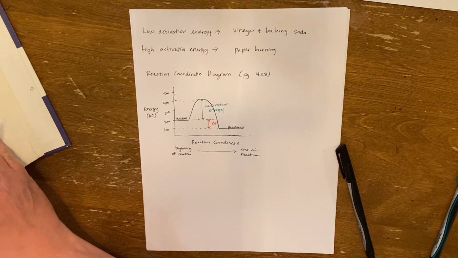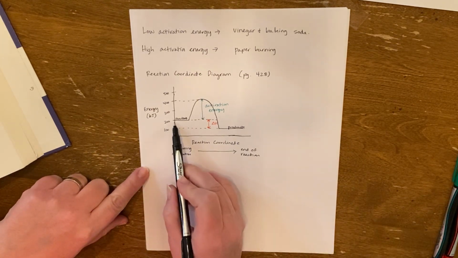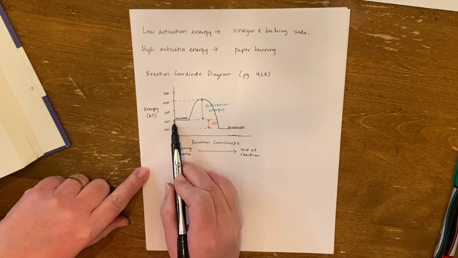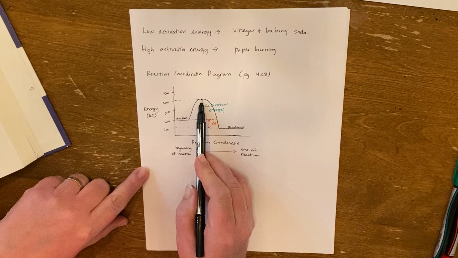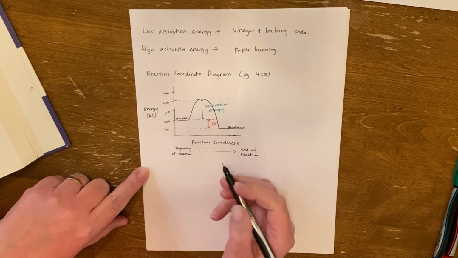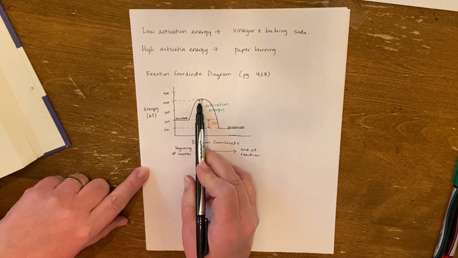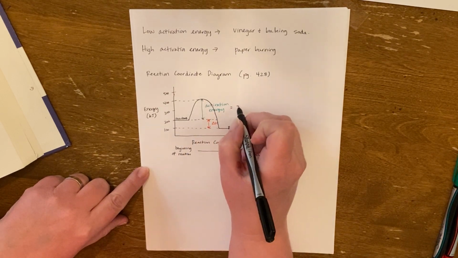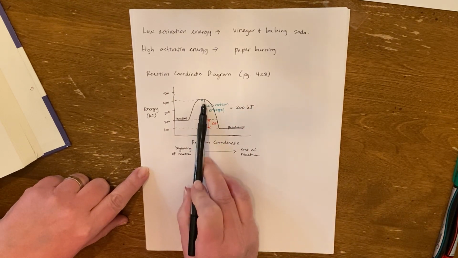So let's think about this. In our diagram, the energy of the reactants is 200, and the top of the hill is at 400. So what is my activation energy? Well, I had to add 200 kilojoules of energy to get things going.